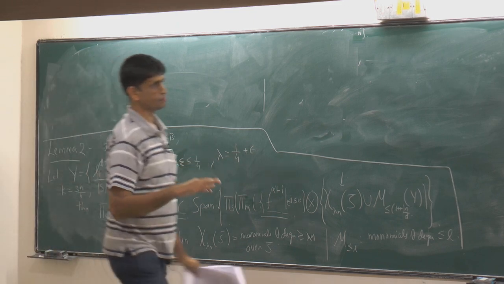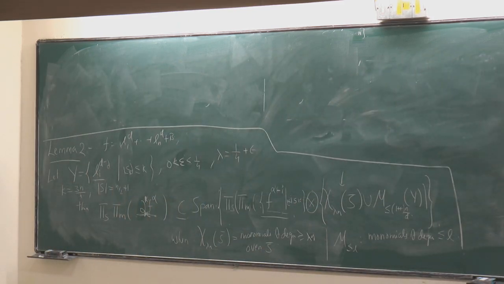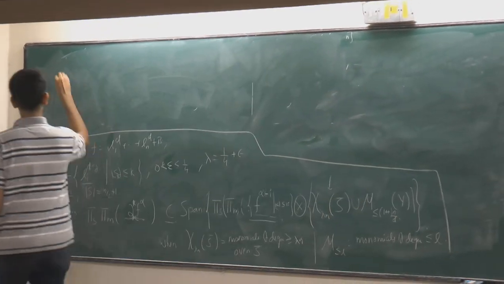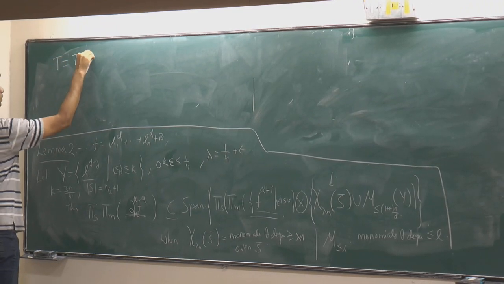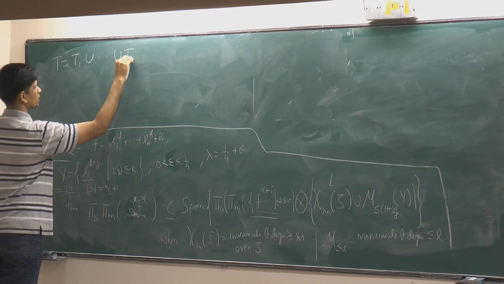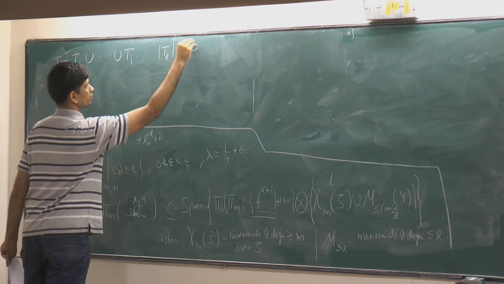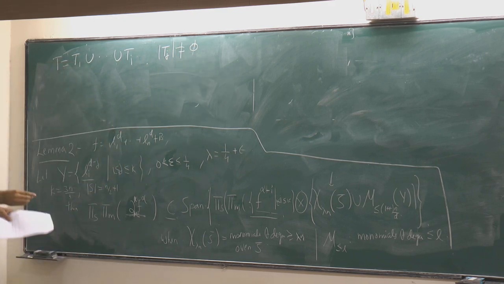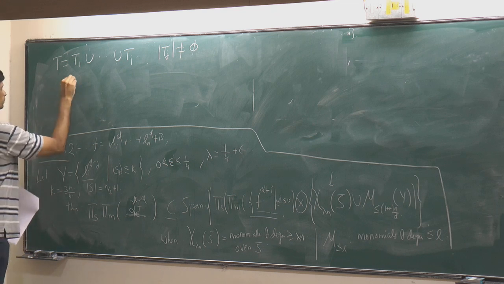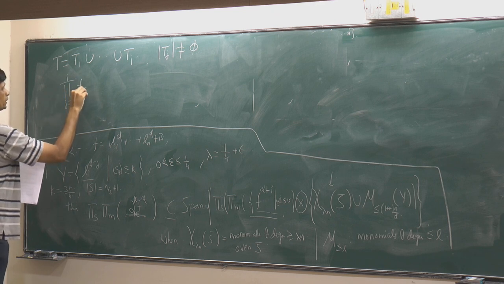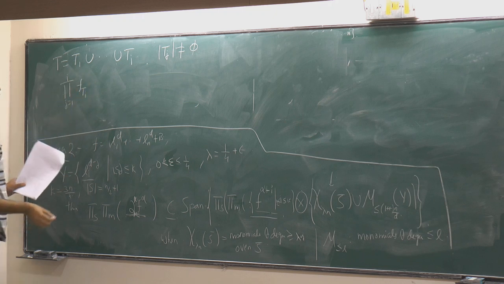Focus on this portion, this product of derivatives. Let's say I have a partition of the variables into t1 etc. ti, where each part is non-empty. Then I look at the product over j equal to 1 to i of the derivative of f with respect to tj.